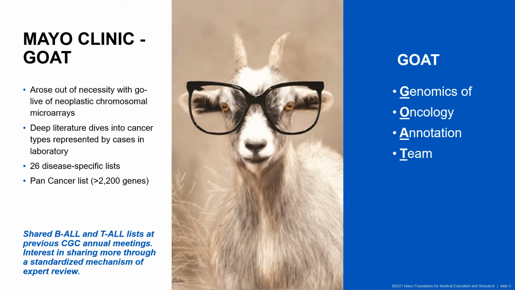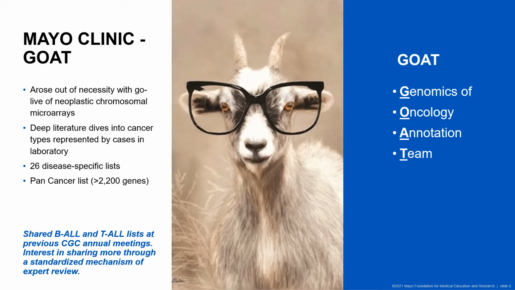So a little bit of information about the Mayo Clinic GOAT. We are the Genomics of Oncology annotation team, and really this team arose out of the necessity when we went live with neoplastic chromosomal microarrays. As many of you know, these tests are often exceedingly complex.